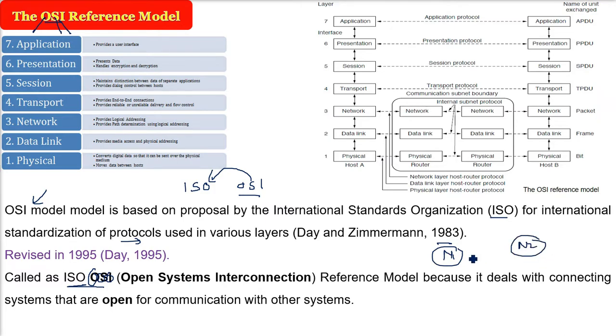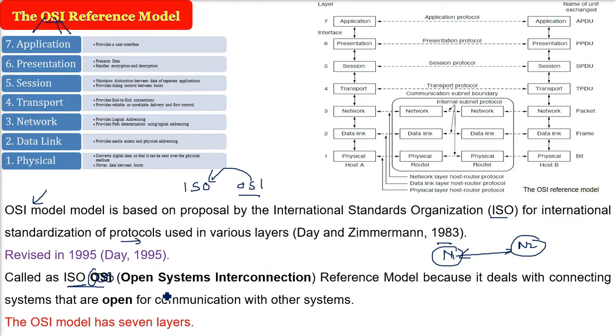So for example, two networks are here, N1 and N2. They are open for communication with other systems. So this OSI is what these different networks should follow.